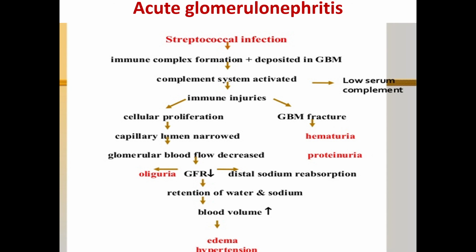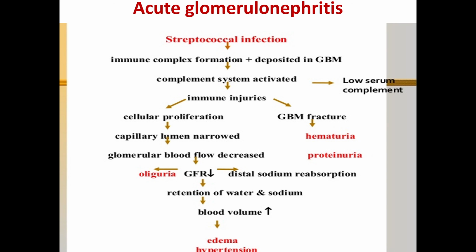Whenever we treat this, because an immune response is there and bacteria are there, we have to give antibiotics, and we have to give steroids to reduce the immune response, because the immune system can be suppressed by giving steroids. You have already seen the steroids coming from the adrenal glands.